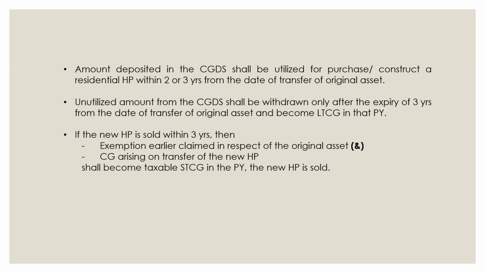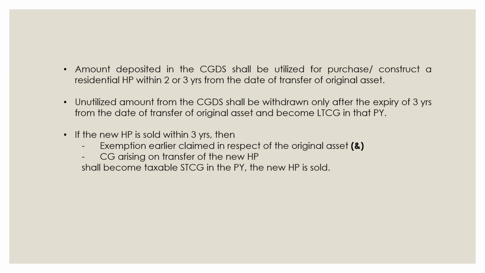The unutilized amount from the CGDS can be withdrawn only after the expiry of 3 years from the date of transfer of the original asset, and it becomes long-term capital gain in that particular previous year.